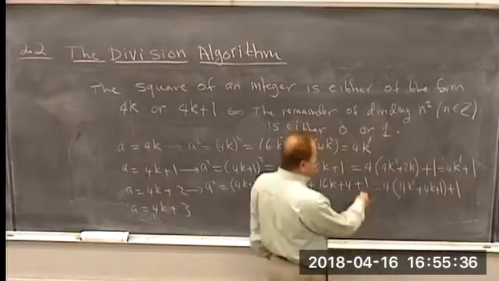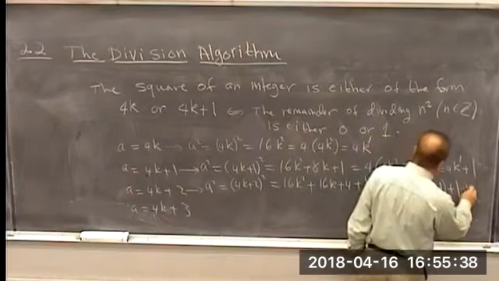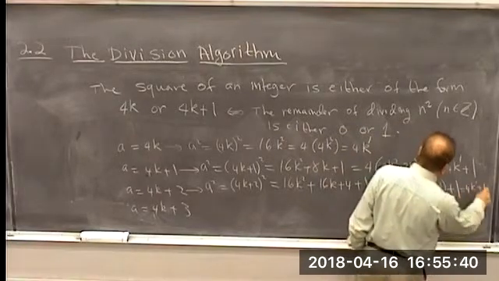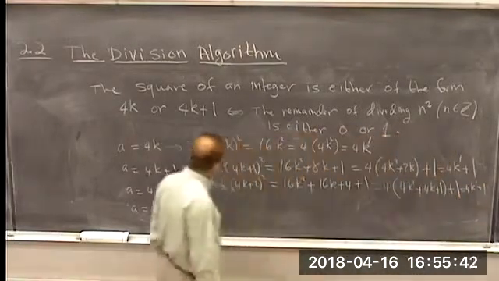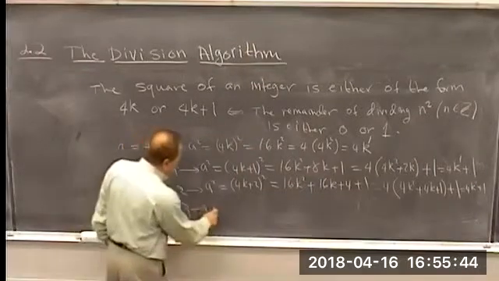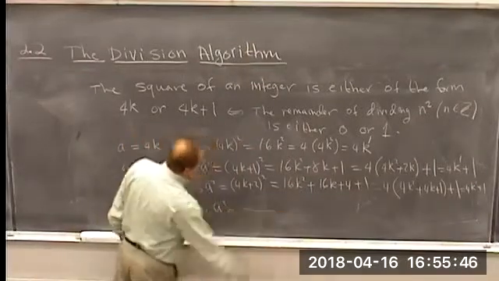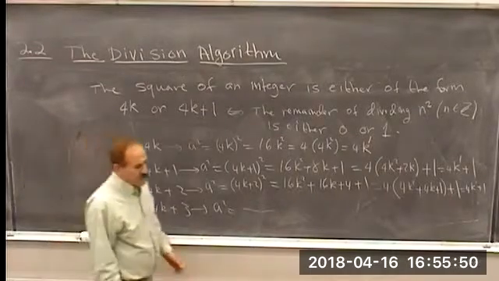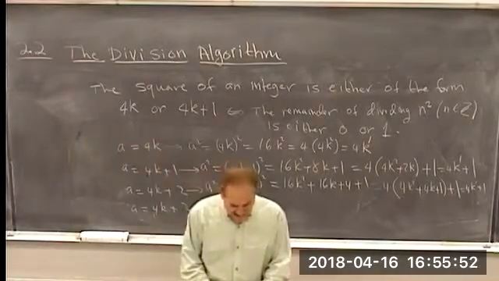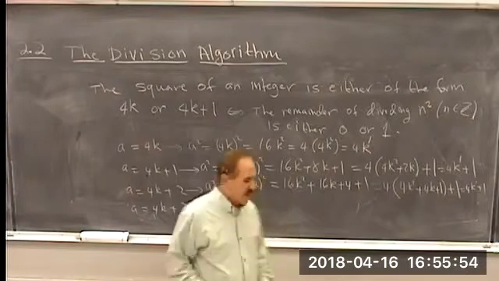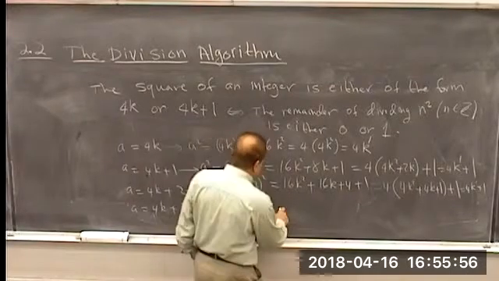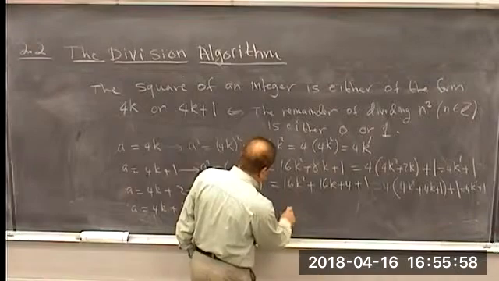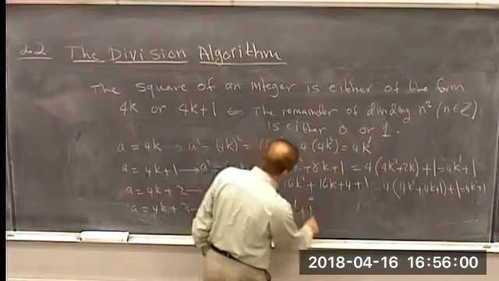Once again, it is of the form 4k prime plus 1. And similarly, you do this one, you calculate this, and you will find it has actually the form 4k plus 1 again. So this one is going to be of the form 4k prime plus 1 as well.